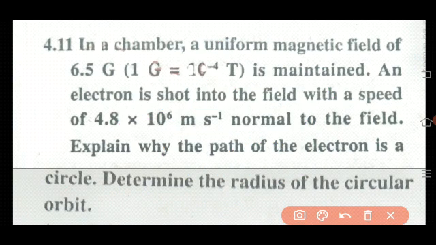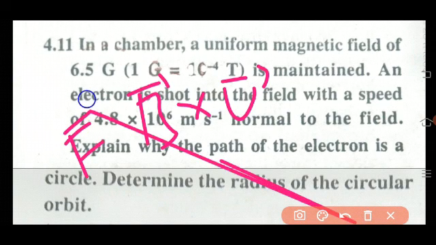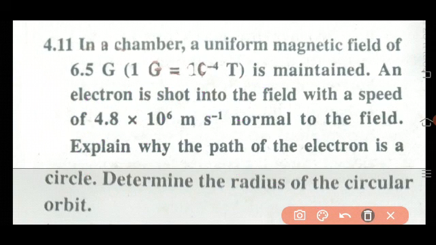When both the vectors, B and v, are perpendicular to each other, the force will always be normal to those two vectors, so that the electron executes a circular path.